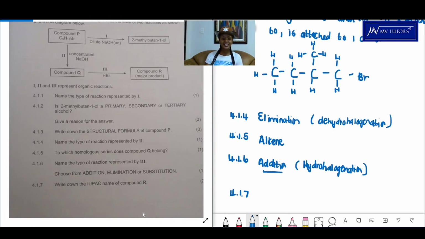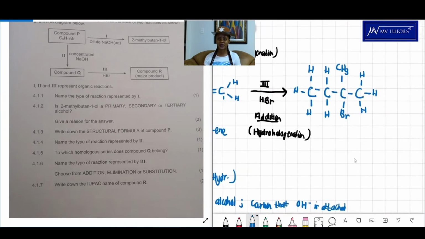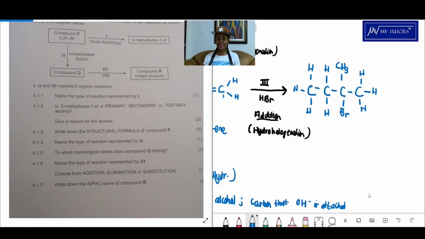4.1.7. Write down the IUPAC name for compound R. Did we end up writing that name? We left it, we didn't write it. Okay, so let's write it here. So what is happening here? So you have your first carbon, second carbon. So basically you have 2 bromo. Remember, bromo comes before methyl, alphabet wise.